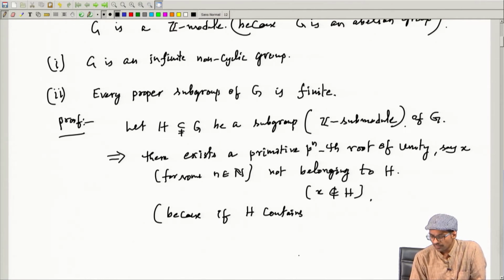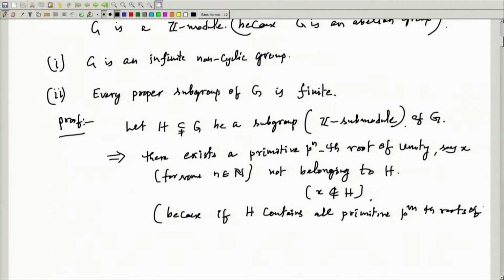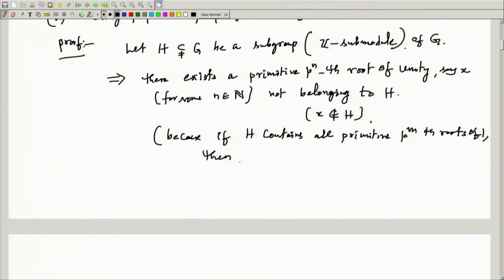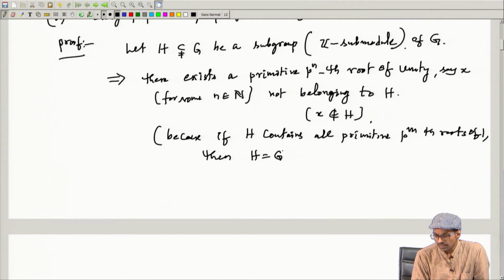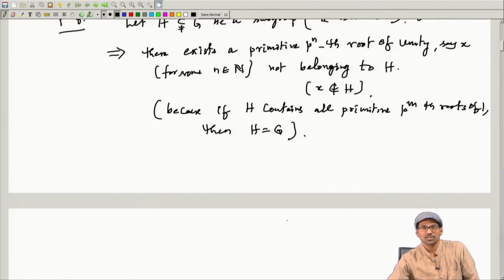So H must be equal to G. But H is a proper subgroup, therefore at least one primitive root does not belong to H.